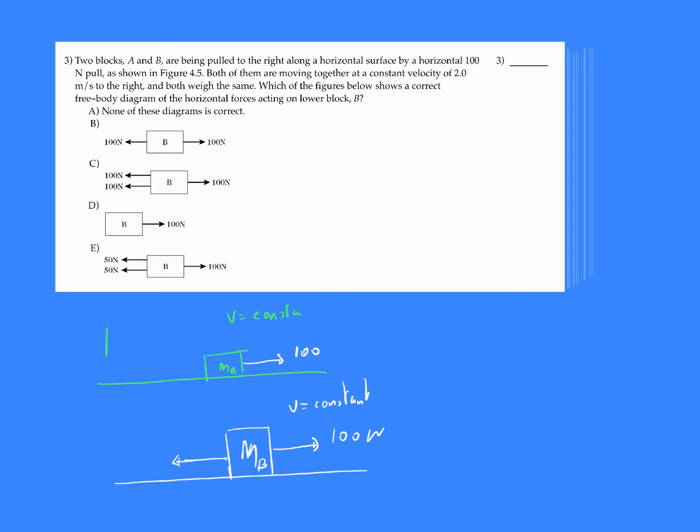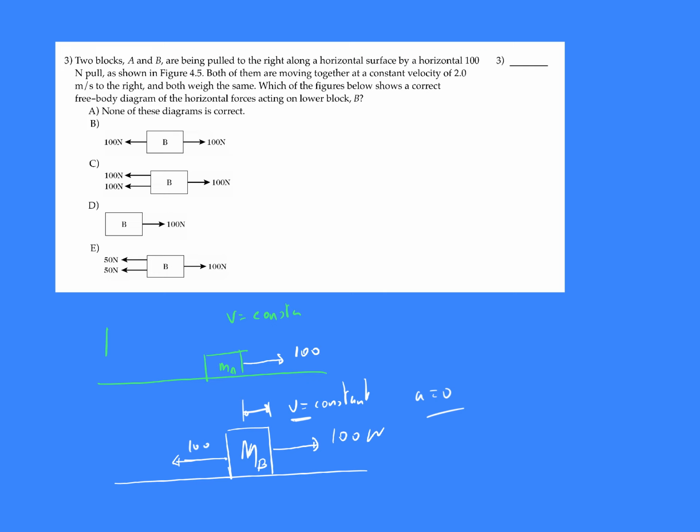Even if they have different masses, what is the free body diagram that is possible? If you have the object B that is being pulled with 100 newtons, and I want the velocity to be constant, not to change, it means that the acceleration is 0. So if I want 0 acceleration, I need 100 newtons going to the left.